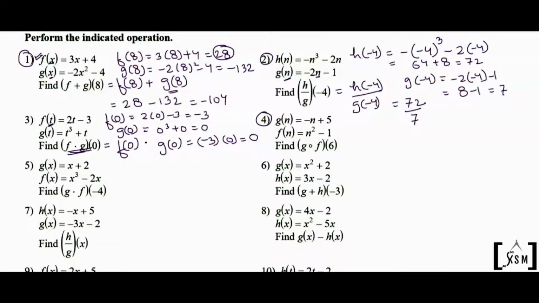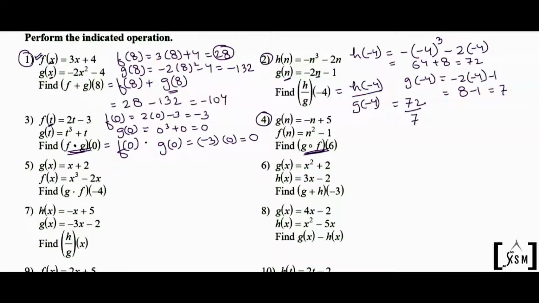Come to number 4. Gn function is given, fn function is given. We have to find g of f6, guys. Yes, this is important. This is not multiplication. Multiplication was question number 3 where we had a dot. This is not dot, this is g of f6.